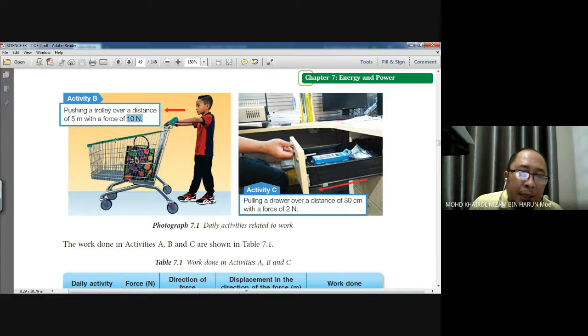It only says a force of 10 Newton. Because when this boy pushes this trolley, the boy also moves. So exactly the force is the combination of this boy's weight and also the weight of this trolley over the distance. The summing up of the weight of this boy and the trolley is 10 Newton.